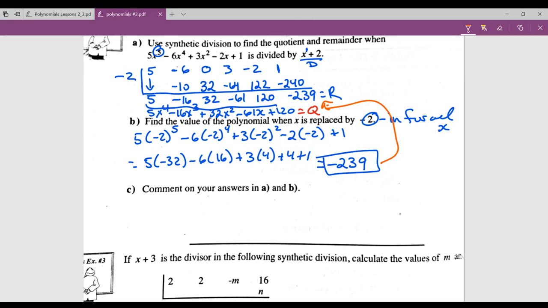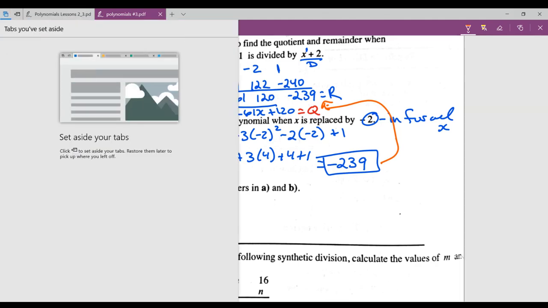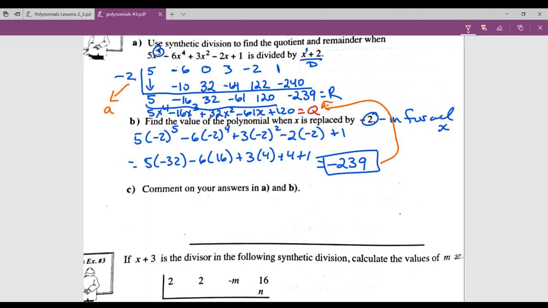So we're going to call this value the a value, which is what makes the divisor equal to 0. We're going to call that the a value.